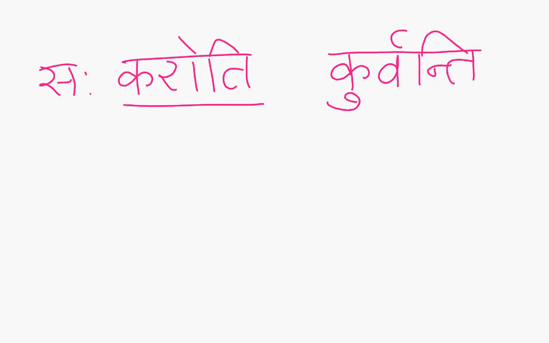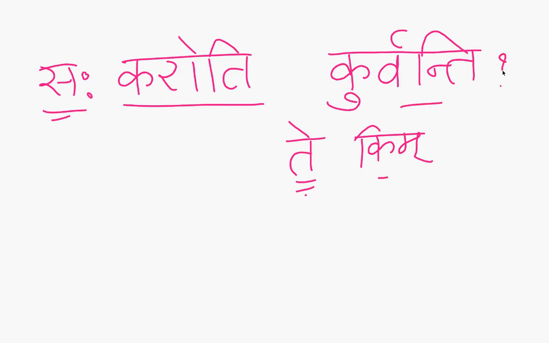And in Vartamana Kala Bahuvachanam, the question was, Te kim kurvanti. Te is the Bahuvachanam of Saha. Saha is he, te is they. Te kim kurvanti. This was the question.